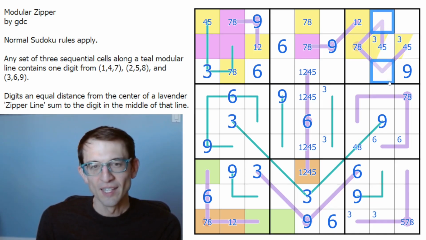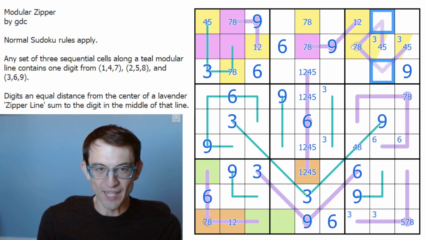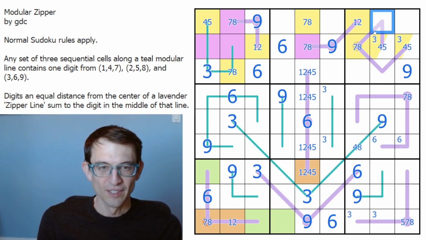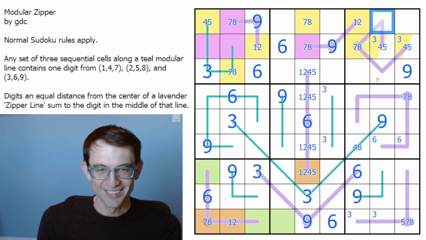So what is this? It can't be, in fact, neither of these are 6. Because if one of these were 6, then these two sum together to make this yellow number. And if one of them is 6, then the other one would also have to be yellow, right? So 0 plus yellow would be yellow. 6 is 0 mod 3, right? So if one of these is 6, then we get 6 plus the same modularity.